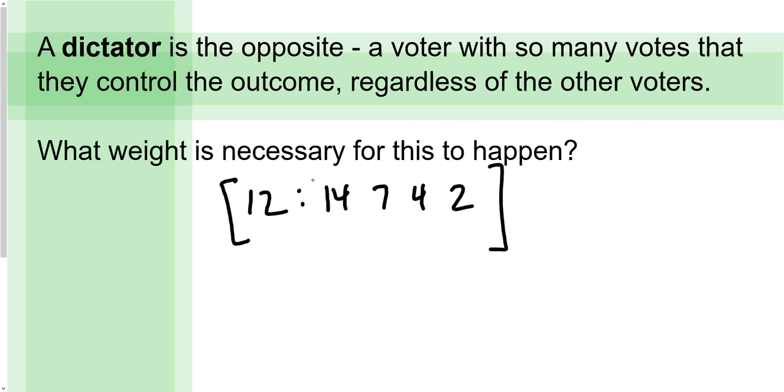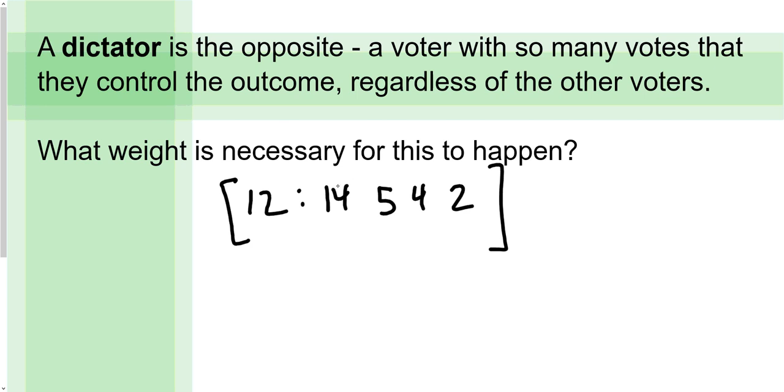Okay. Here's the situation. If we have this, and this were, say, a 5. In this situation, 14, this guy has more than half of all the available votes. So 14 can reach the quota.